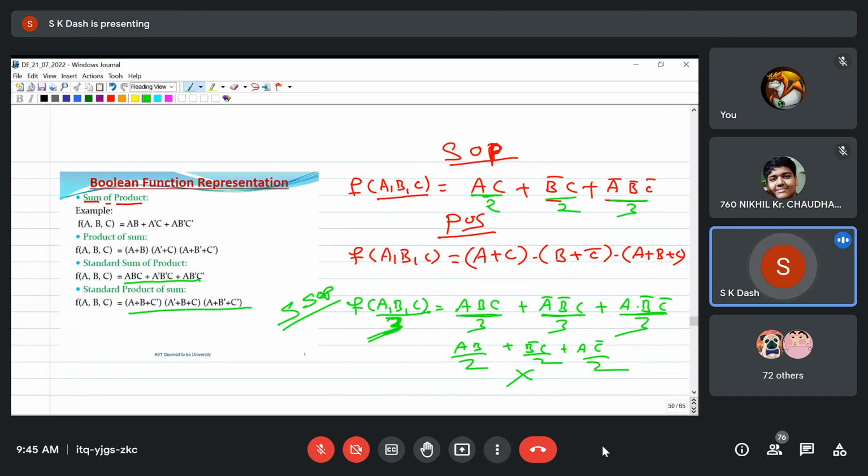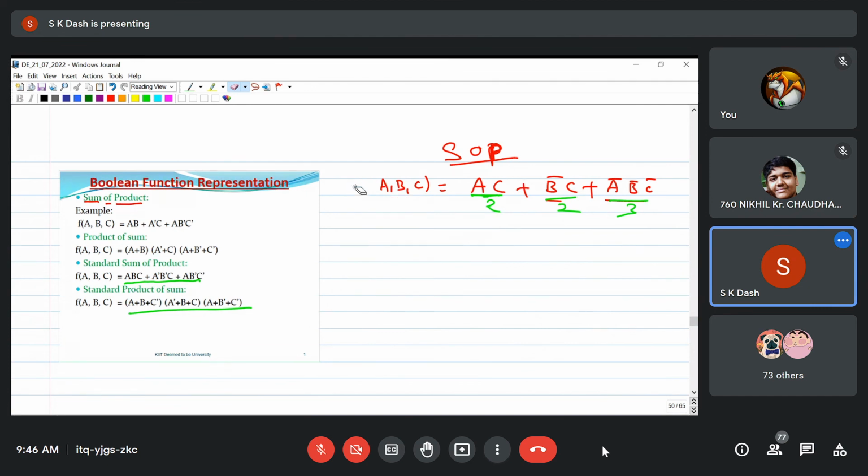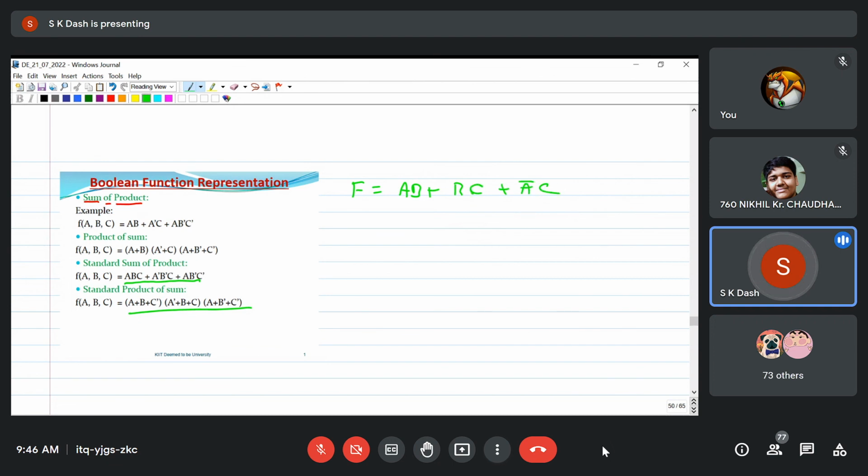What is the difference? So now suppose I take an example. I'm just writing F. Is it in a standard form?